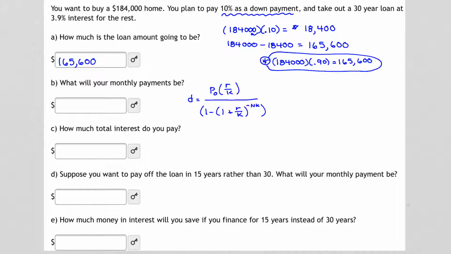This formula will give us our monthly payments. We just have to put in all the correct variables in the correct locations. So let's fill this formula in and then we'll calculate it out.